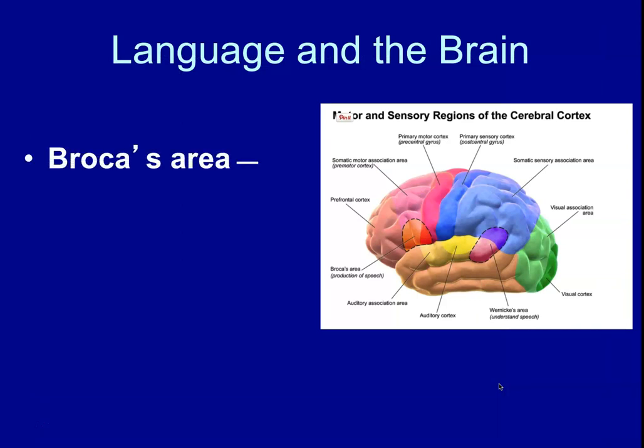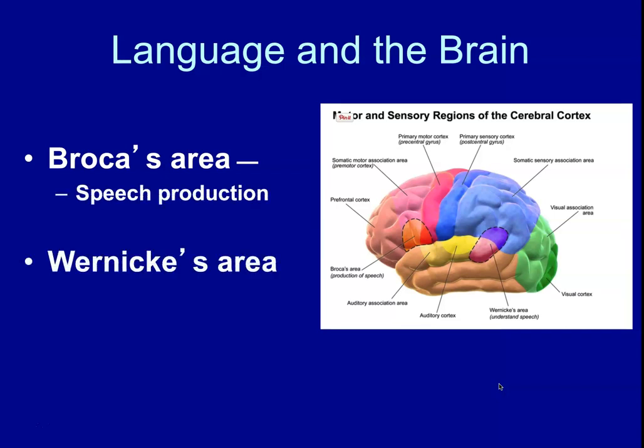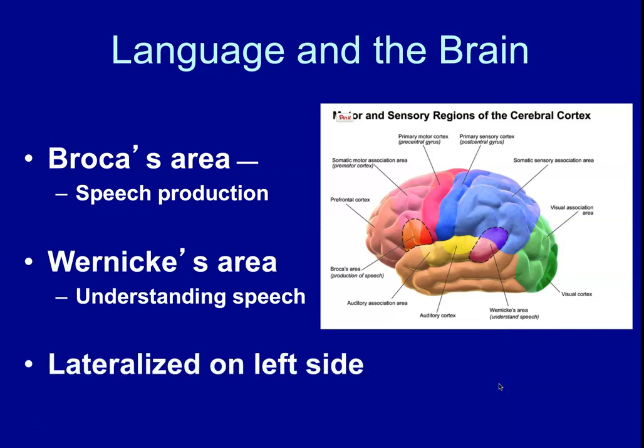Okay, let me just clarify what Broca's area is all about, and then we will stop for today. So again, Broca's area is involved in speech production. Wernicke's area is involved in understanding speech. And the interesting thing about this, and why I'm using it here, is because it's a good example, again, of lateralization. We know that that primary motor strip and that somatosensory strip, those are lateralized to one side.